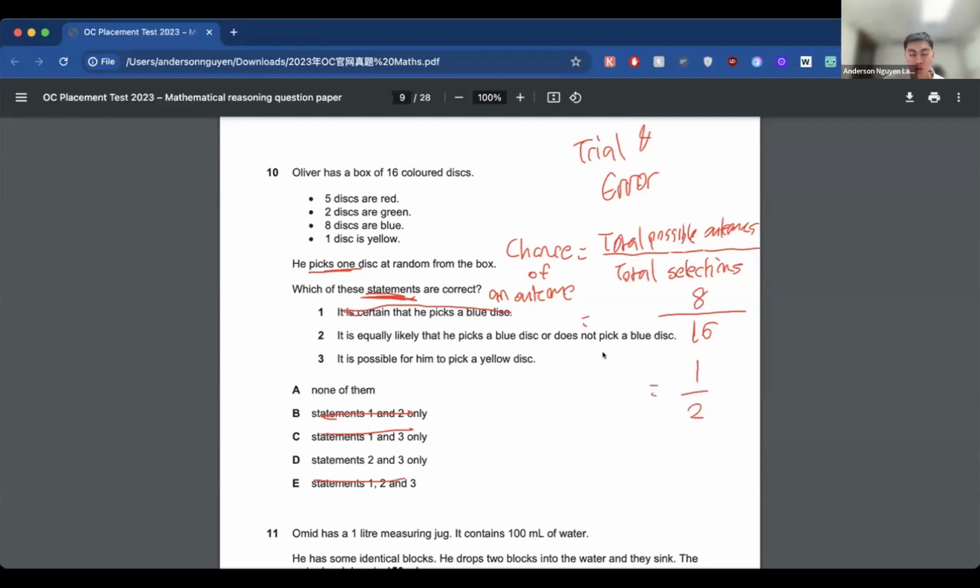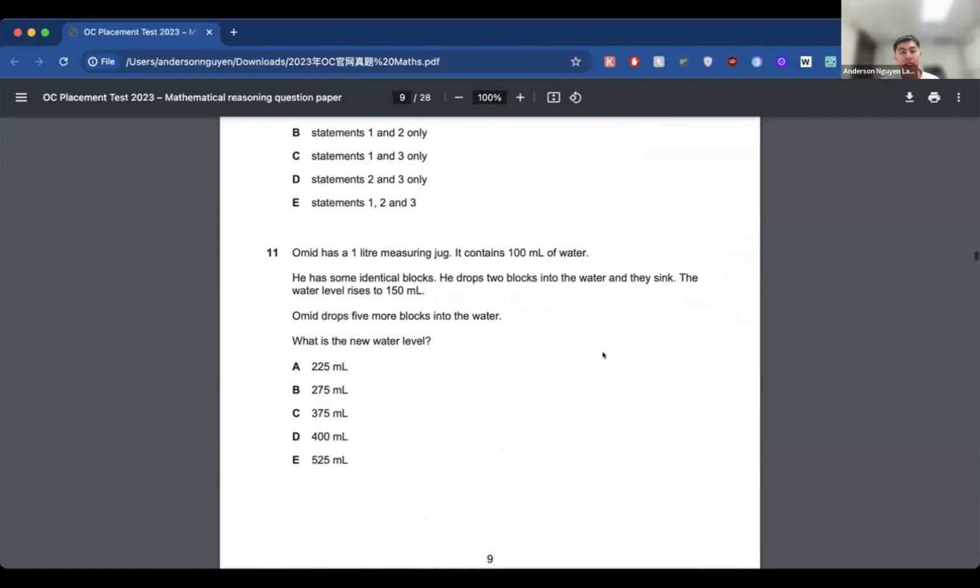So that's what we mean by equally likely, 50%. So anything with 2 is correct. So D is right. Since we know 2 works, A is also wrong. Okay, so I'm hoping you guys are seeing a pattern here. As soon as you find out a particular option, you can start kicking out quite a few others that don't work. Okay, all right, so moving on to question 11.